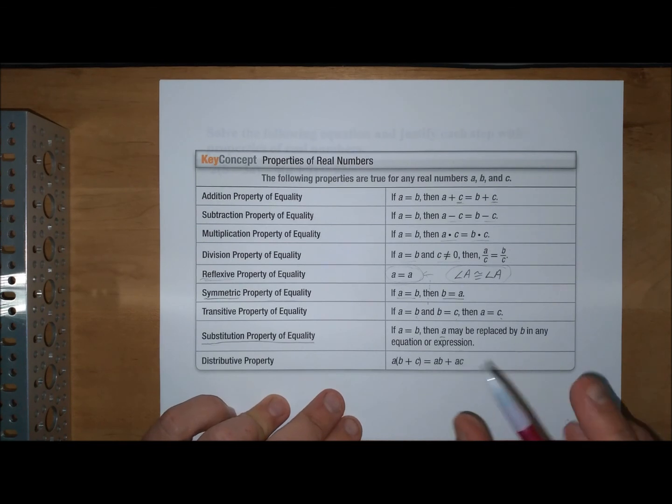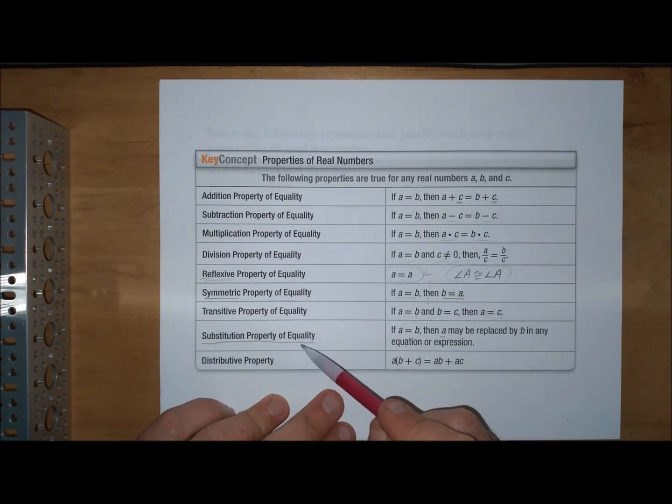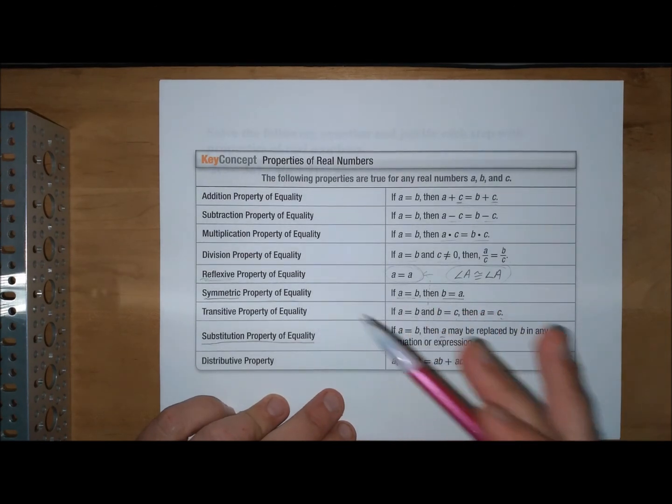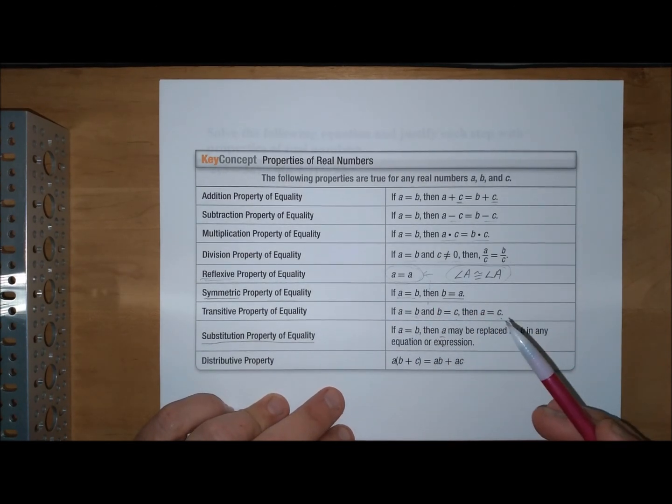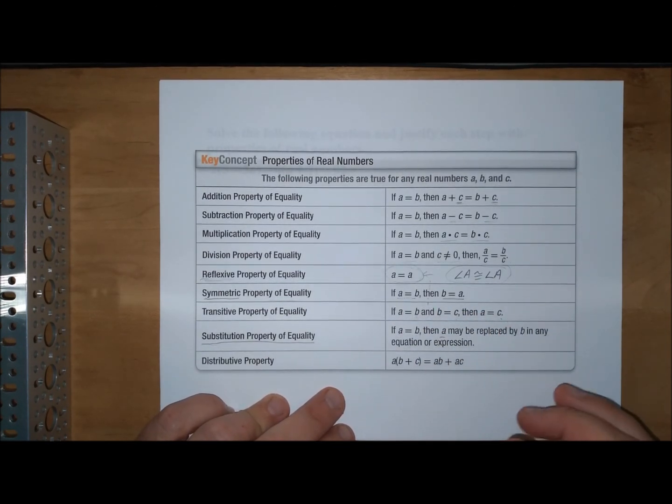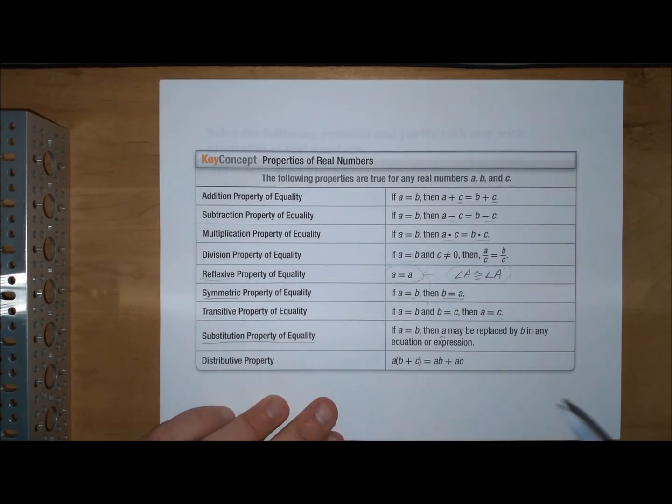And anytime you simplify, anytime you combine like terms, you simplify an expression, you've basically been using substitution, right? If you've got 5x plus 2x on the left side of an equation and you replace it with 7x in your next step, well, you've basically used the substitution property of equality there.